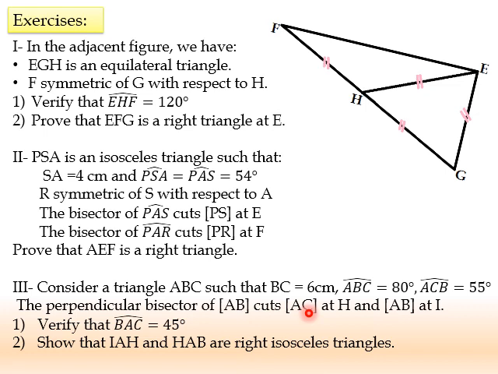It cuts AC at H and AB at I. After we draw it, I have to verify BAC equals 45, and then prove IAH and HAB to be right isosceles triangles. Look, honey, maybe they will seem difficult the first time, but we have to learn how to draw. We have to learn how to prove.